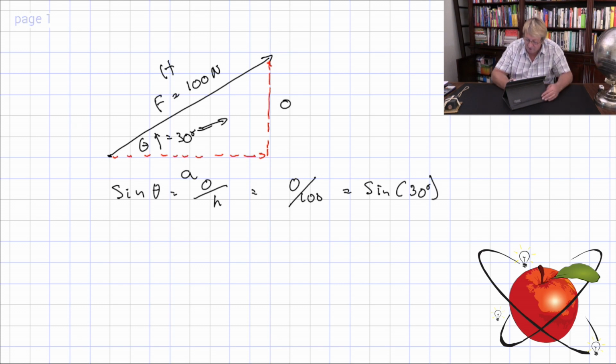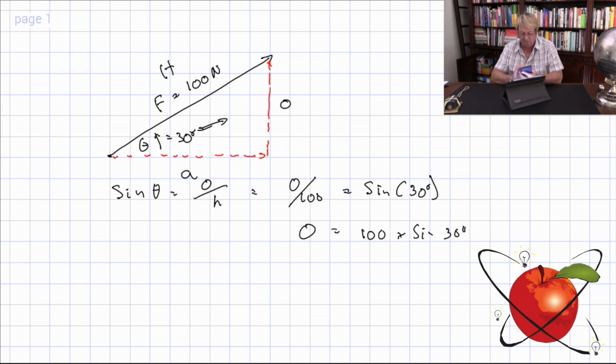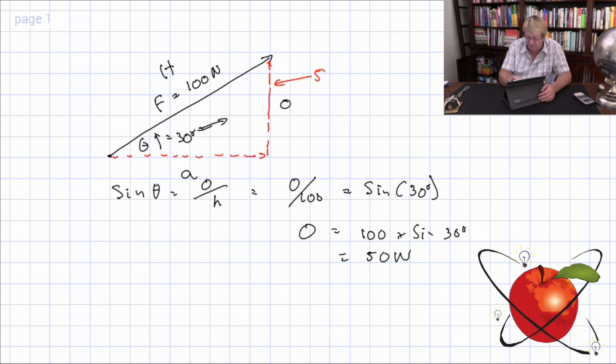Now, if I rearrange, as you've done with some of the trig triangles, the opposite side is going to be equal to 100 times sine of 30 degrees. 100 times sine of 30 degrees is equal to 50. Now I can say that this over here is 50 newtons.